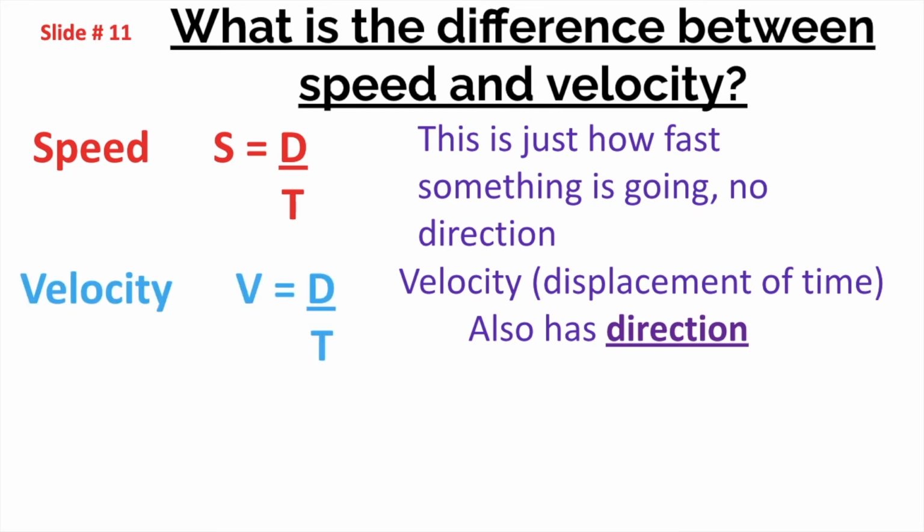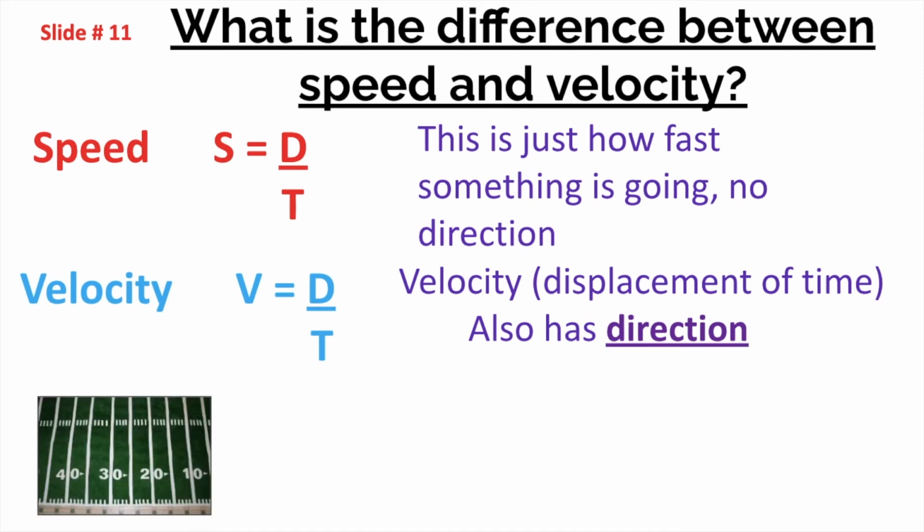The equations for the two look very similar. Speed is equivalent to distance divided by time. Velocity is also distance by time, but when you record velocity in an answer, you must include a direction.